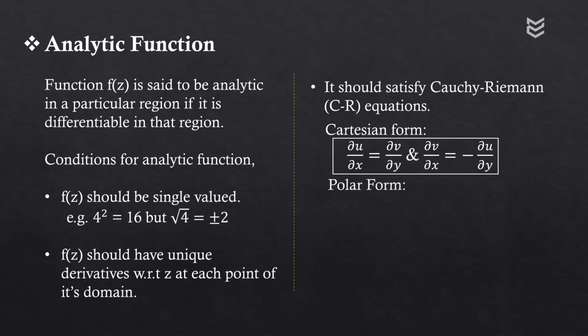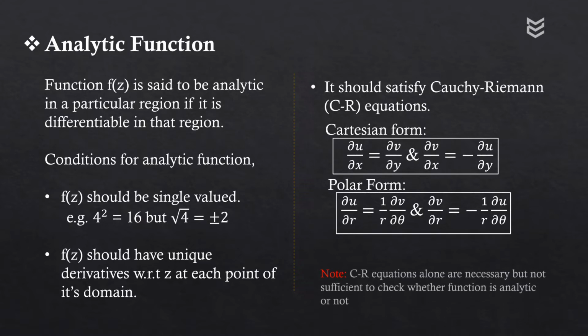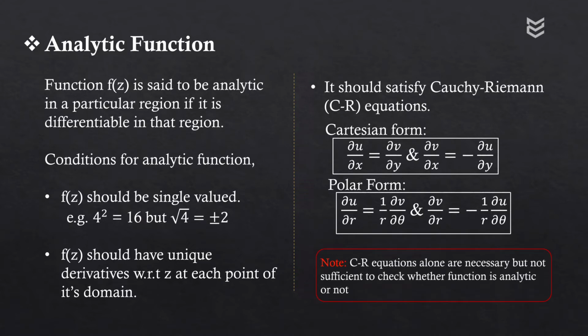And for polar form it is dou u upon dou r equals 1 upon r into dou v upon dou theta, and dou v upon dou r equals minus 1 upon r into dou u upon dou theta. CR equations alone are necessary, but not sufficient, to check whether a function is analytic or not.